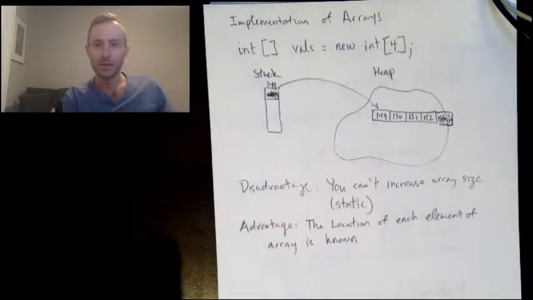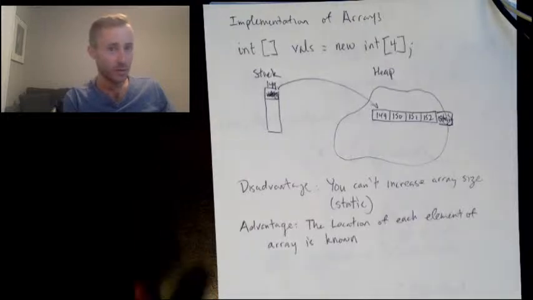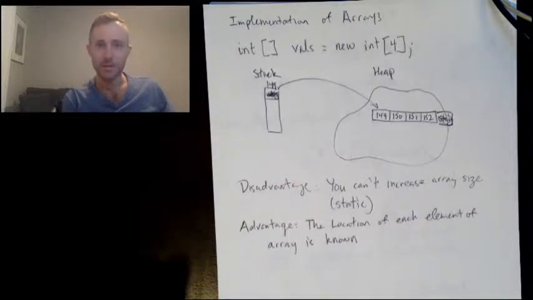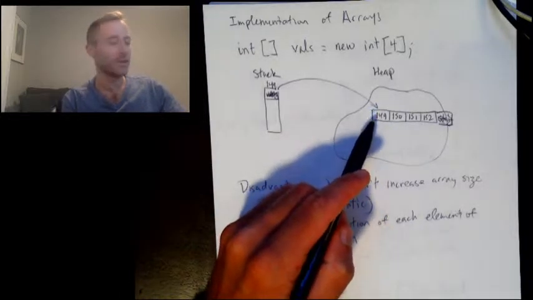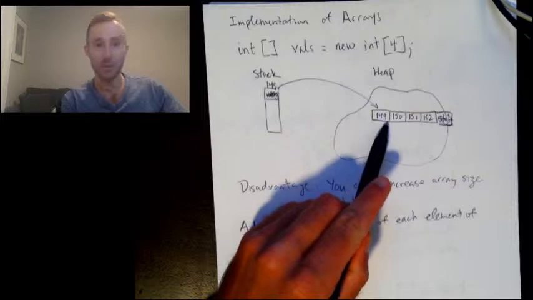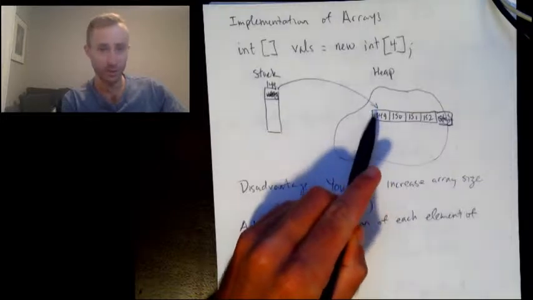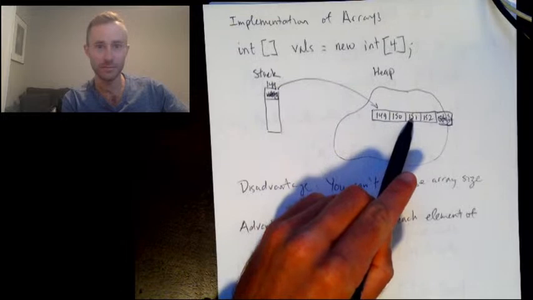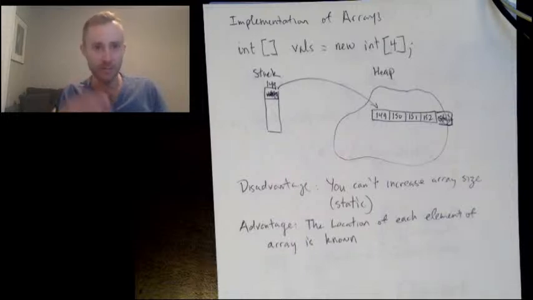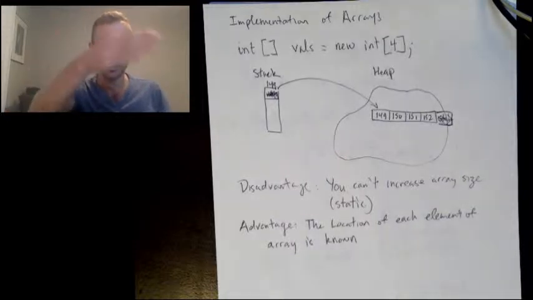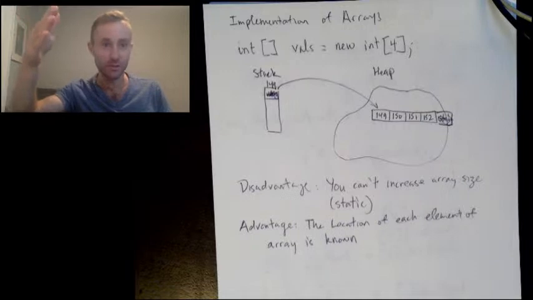Okay? So, for example, if I want the second element of the array, then I just go to the memory address that is the memory address of the 0th element plus 2. So it's really easy to determine where the element 2 of the array is stored, because you just go 2 memory addresses down.